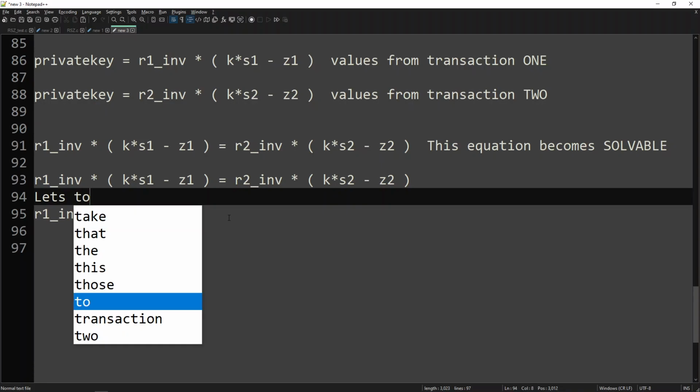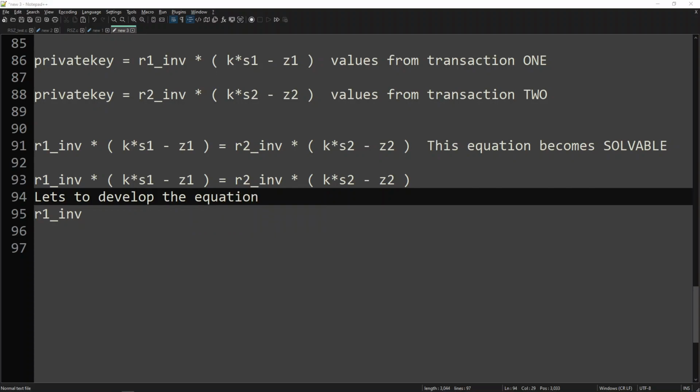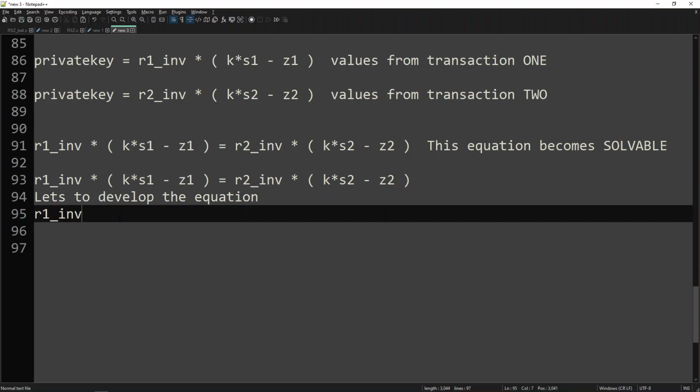Sorry. R1 inverse multiplied by S1 times k, minus R1 inverse multiplied by C1, equals R2 inverse multiplied by this, and minus the same value, R2 inverse multiplied by C2.